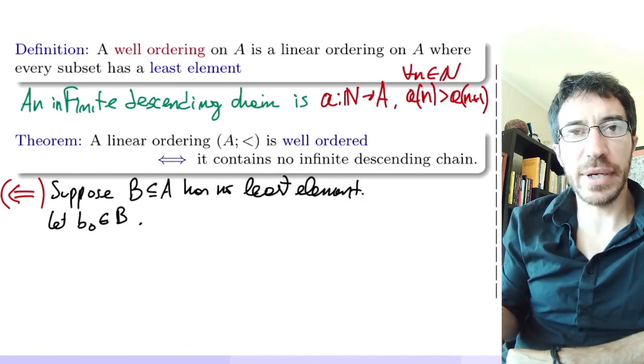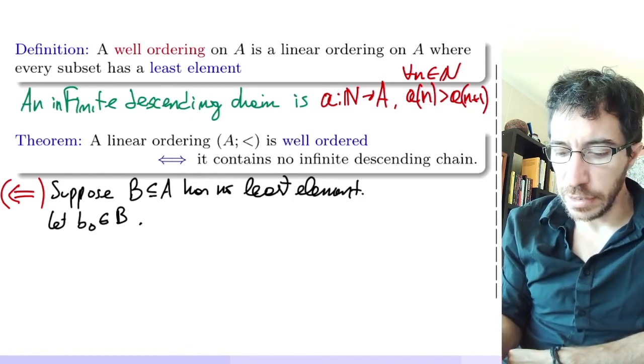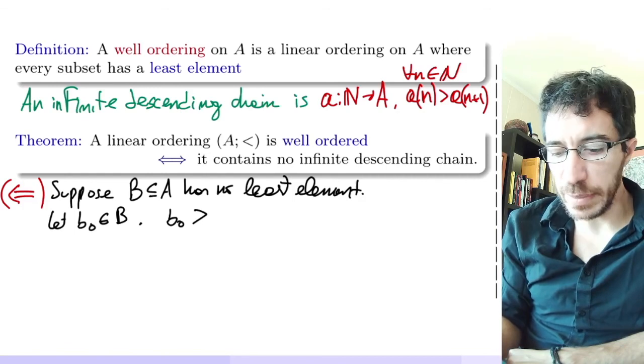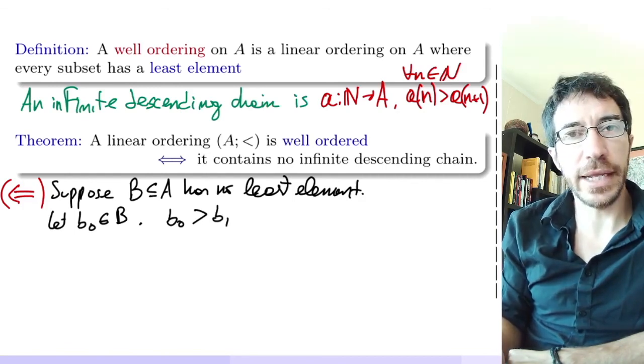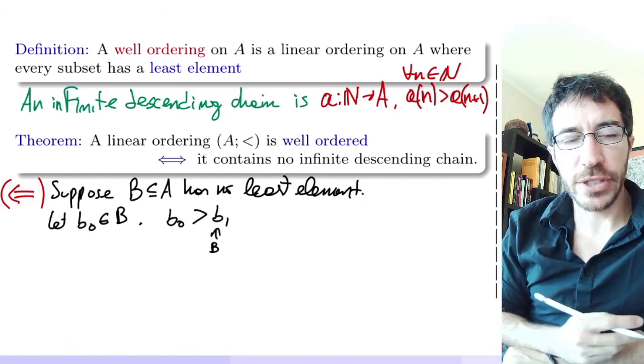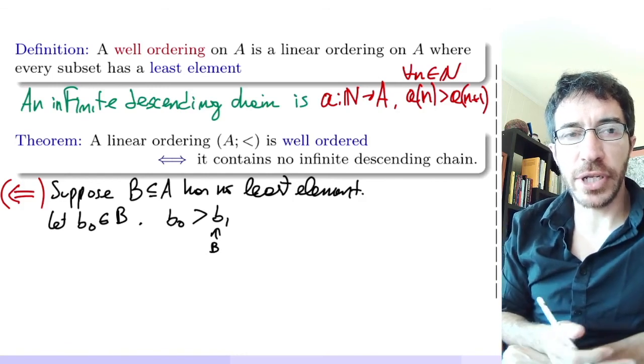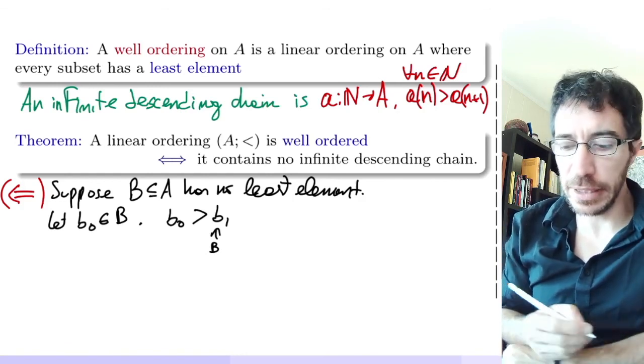B0 is not the least element of B, so there is another element B1 in B that is below it.